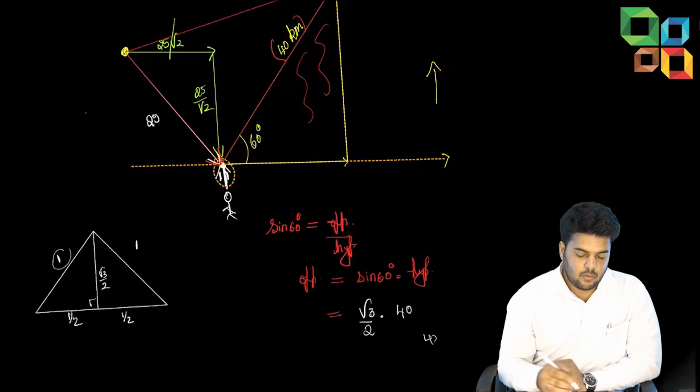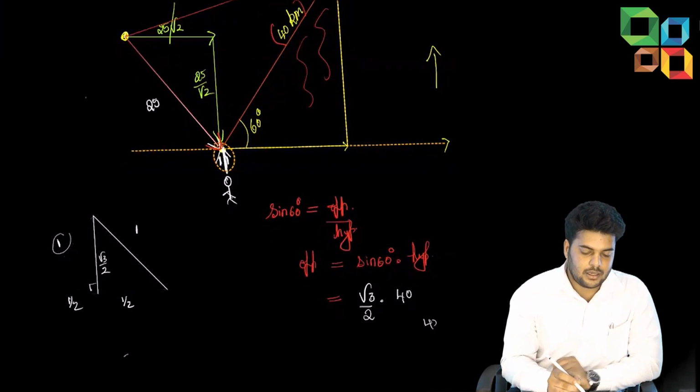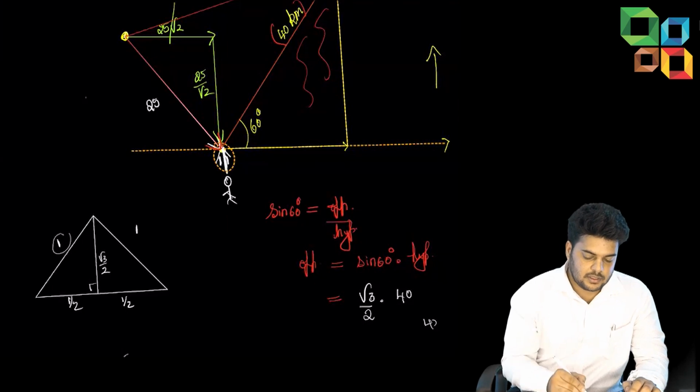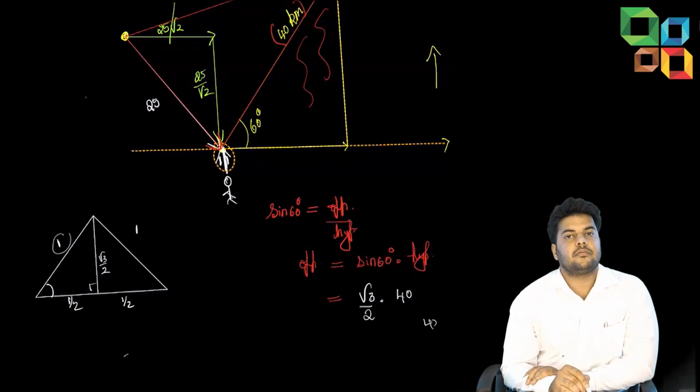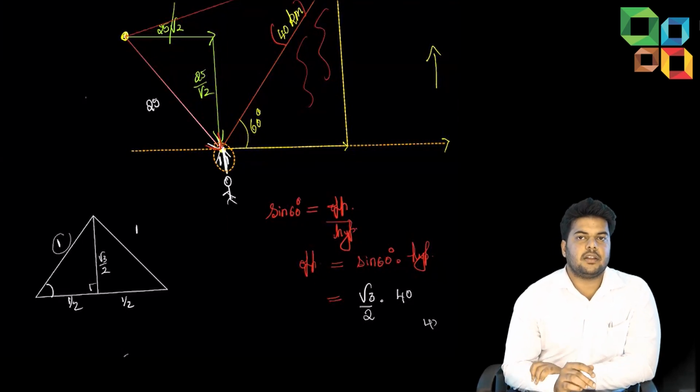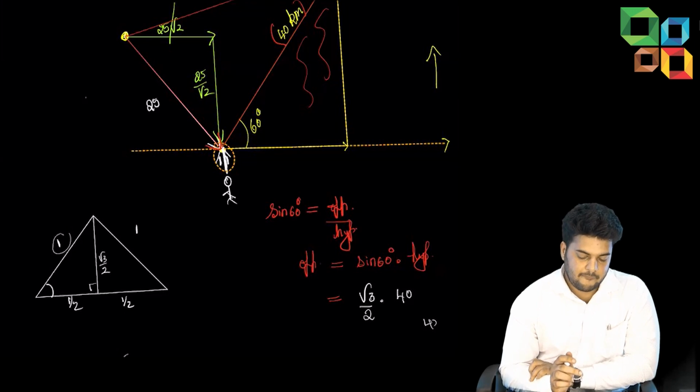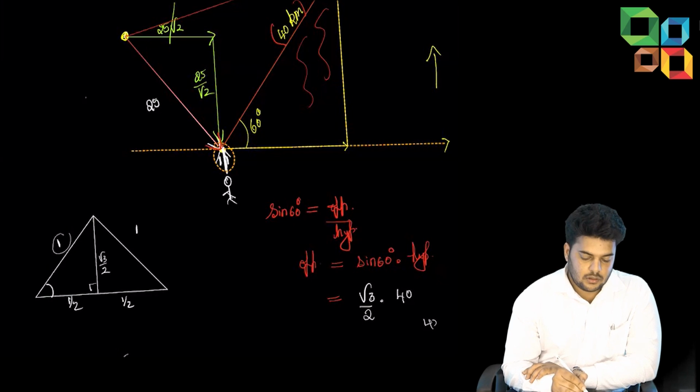All right. Now, what is this angle over here? Rachit, what is that angle there? Sorry, 60 degrees.